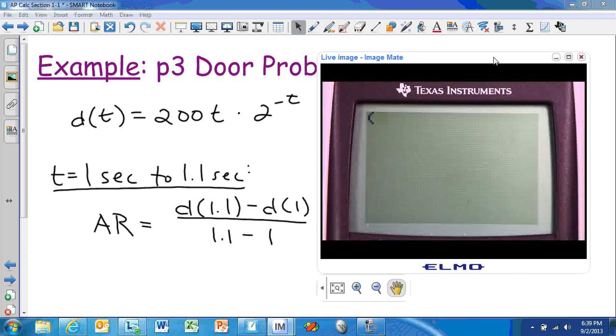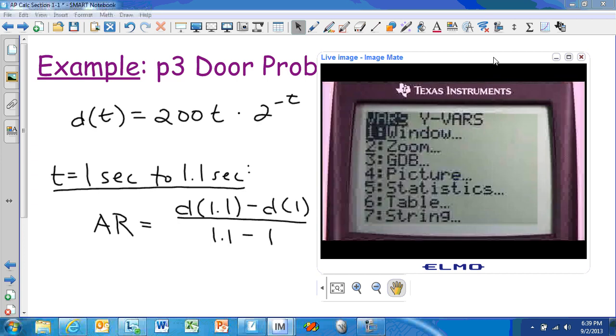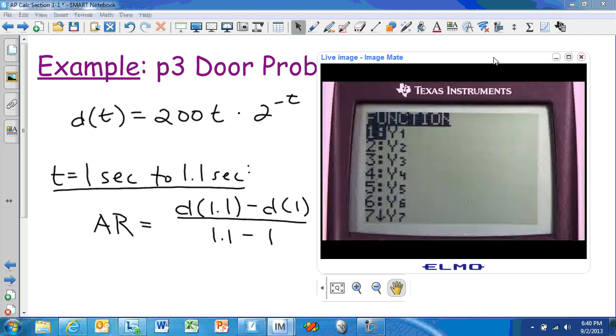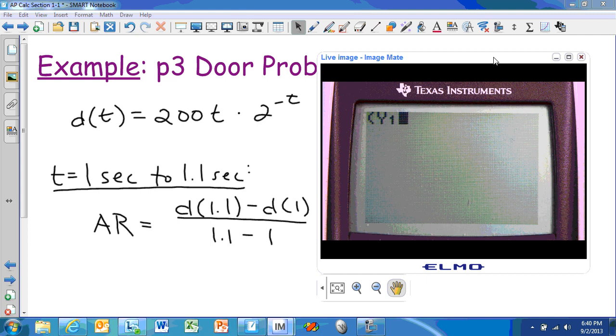So start with a parenthesis here and go to your variables menu, which is below your down arrow there. It says VARS. Find your variables under there. VARS is short for variables. Go over to Y variables and then function, and there's y1 sitting right there for us. And then put in 1.1. Just like we understand what D at 1.1 means in terms of function notation, your calculator understands what y1 at 1.1 means in terms of function notation.